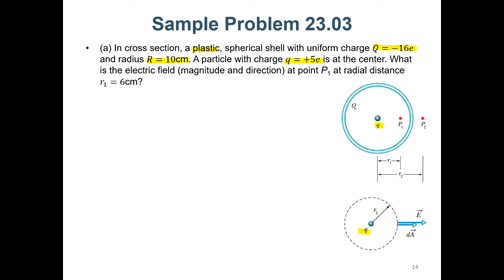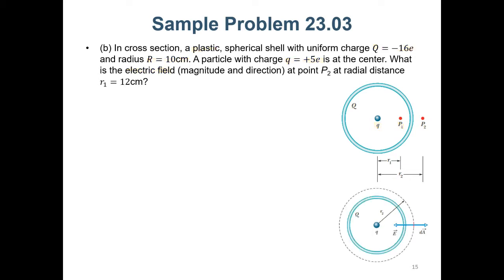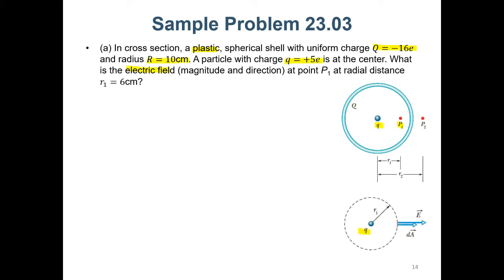What is the electric field, magnitude and direction, at point P1 for part A, and P2 for the next slide? So we calculate the E field at P1 first.